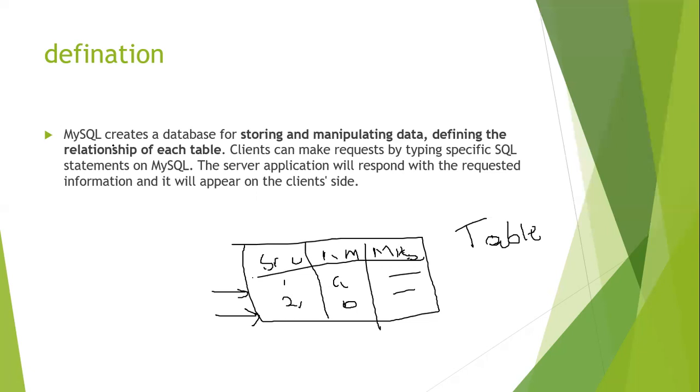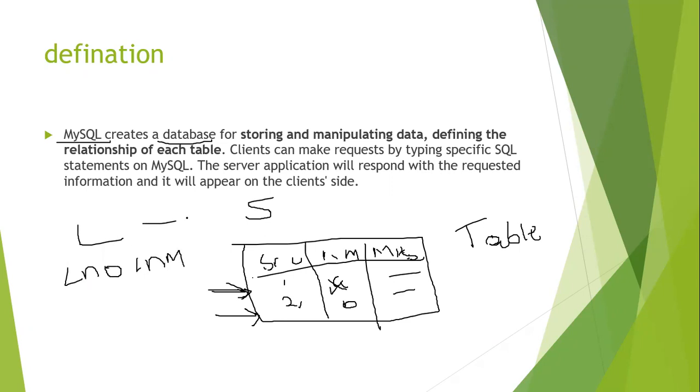MySQL is a technology that creates a database for storing and manipulating the data. That means you can store this data and you can manipulate it. For example, if I want to update the name as X, I can. Manipulation means updates, deletions, any modifications, and defining the relationship of each table. Consider this is a student table. If I have a lecturer table, lecturers will have lecturer number and lecturer name.